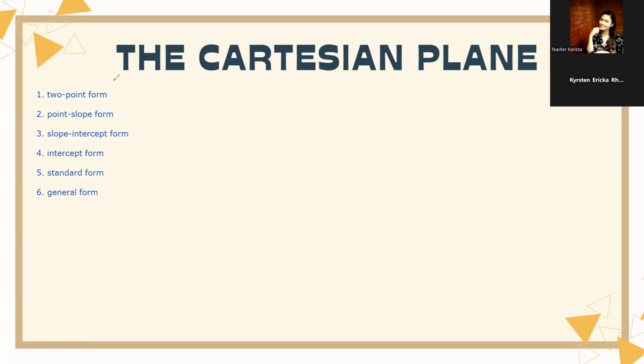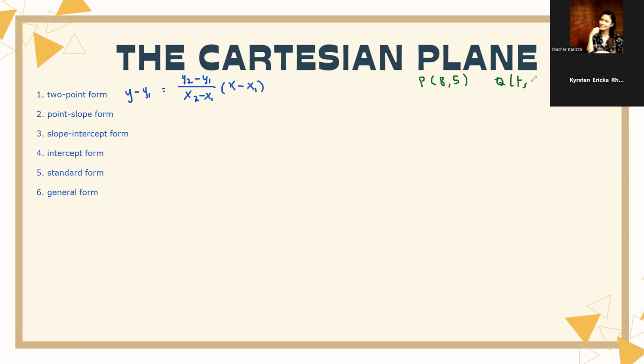Now, for the 2-point form, we have y, the actual y in your formula, minus y1, which would be your coordinate, is equal to y2 minus y1 over x2 minus x1 times x minus x1. So let's try this one. If we have our points, so we have P and Q, we have 8, 5, and 4, 2.